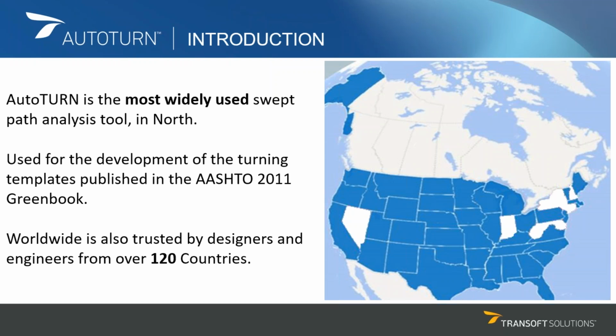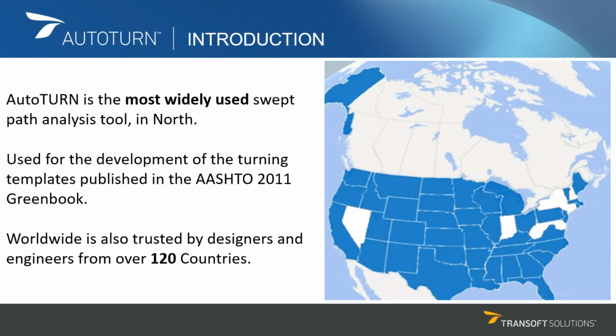This is also demonstrated by our involvement in the development of the turning templates in the AASHTO 2011 design guideline. Also demonstrated by our collaboration with DOTs like WSDOT and Caltrans in the development of regional libraries and vehicles with specific turning characteristics.